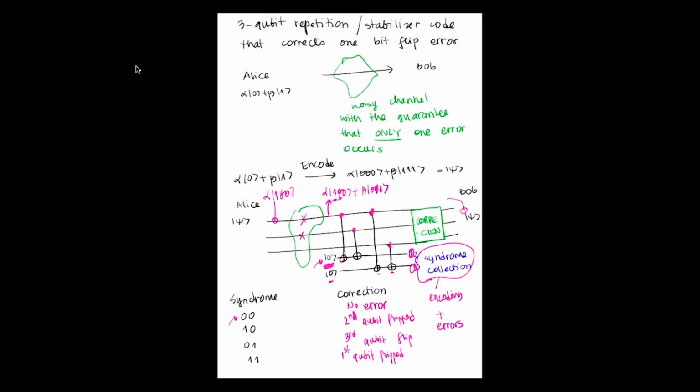Okay, so you're saying suppose Alice wanted to send alpha 100 plus beta 011 to Bob, and suppose there was an error on the way which flipped the first one and actually made it into 000 and 111. Then yes, you will have to design your circuit differently, because you will have to assume that in the beginning the first two qubits were of different parity, but now after the error they're of the same parity. So your syndrome detection should detect that the first two qubits are of different parity in your encoding.